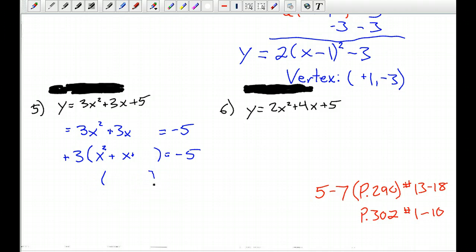Now complete the square. So half of 1 is 1/2. Okay with this? And what goes here? 1/4.